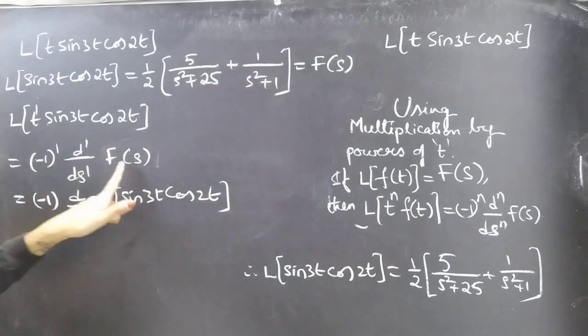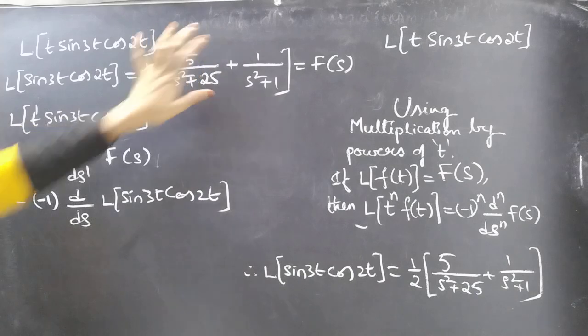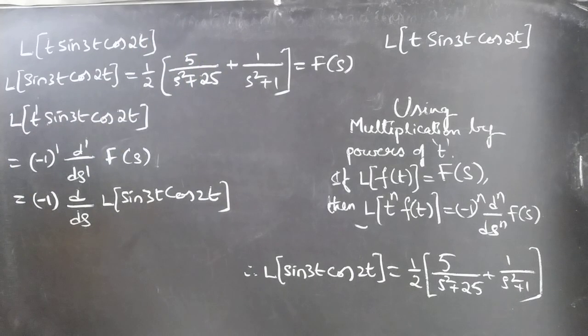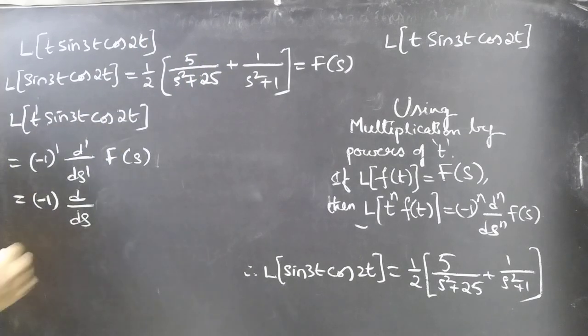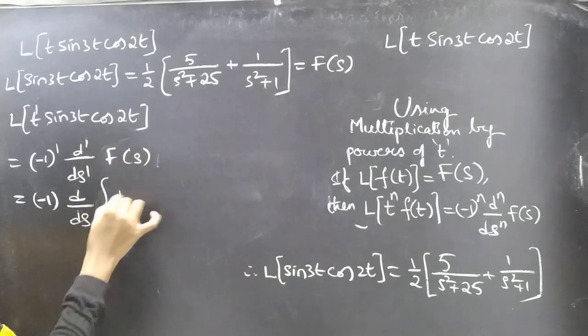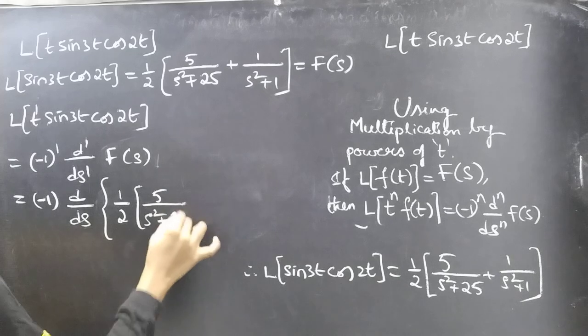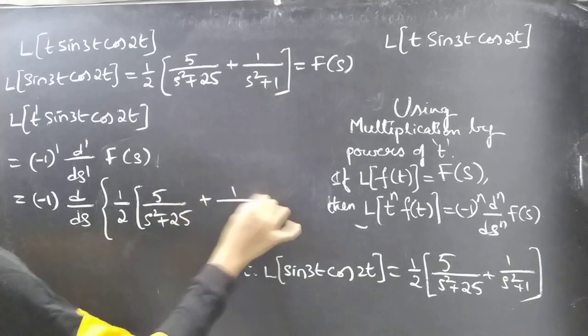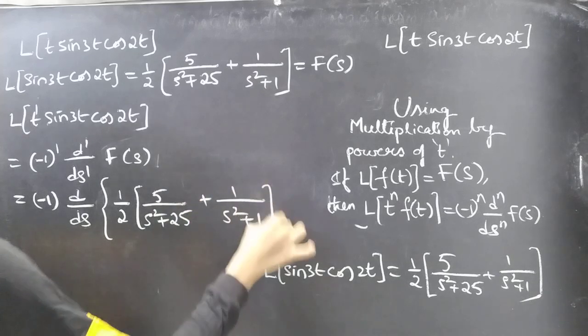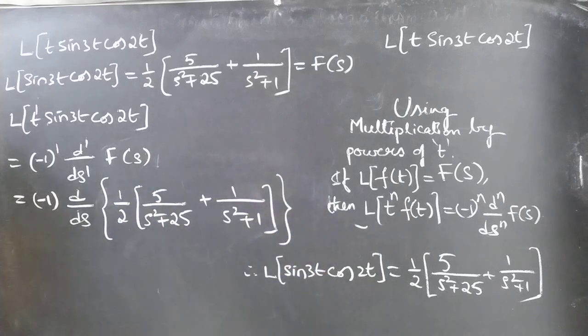You can just replace this f of s by this value: 1 by 2 into 5 by s square plus 25 plus 1 by s square plus 1.